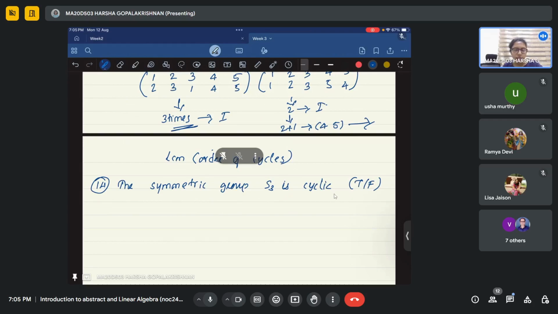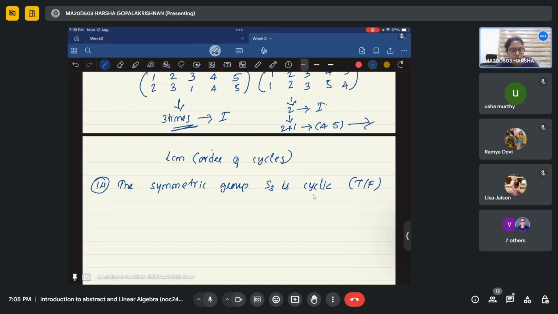S3, whether it is cyclic or not. We have seen it is not abelian, right? Yes, we have seen it is not abelian. So the question is whether it is cyclic. What does cyclic mean? We have seen Z is cyclic because 1 generates whole Z. Okay, so the question is whether S3 is cyclic.